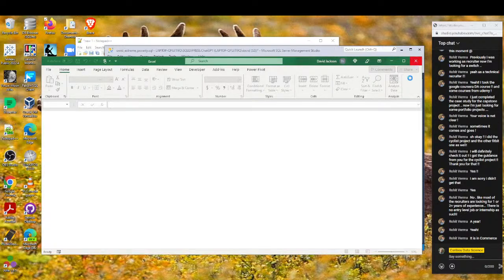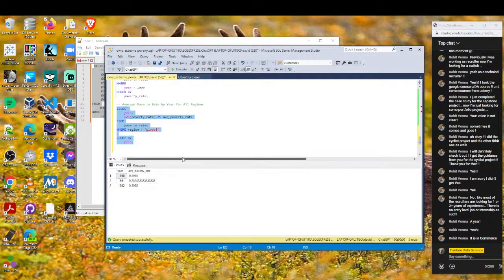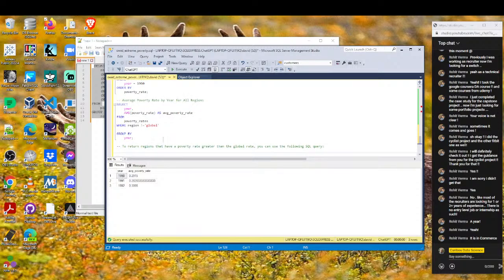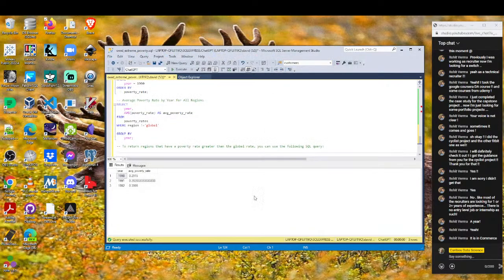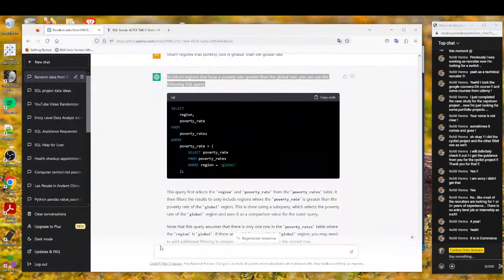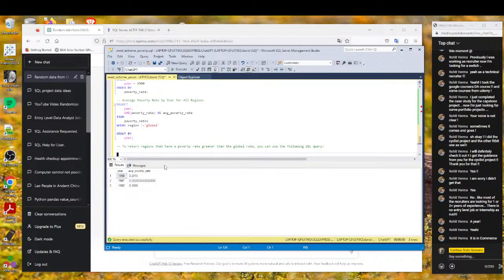Why is that open? There's close that. All right.